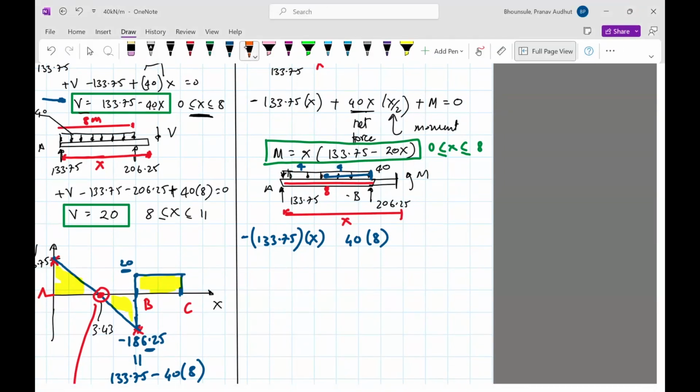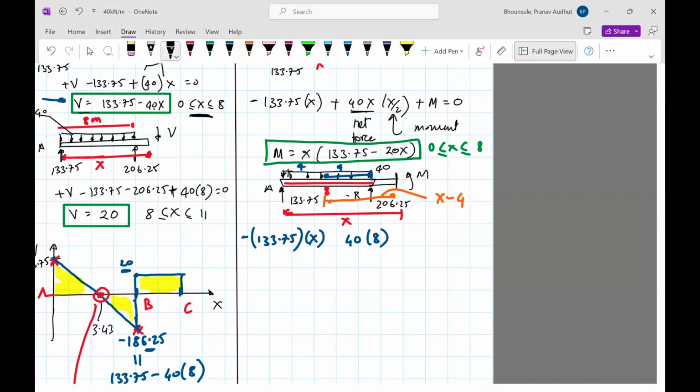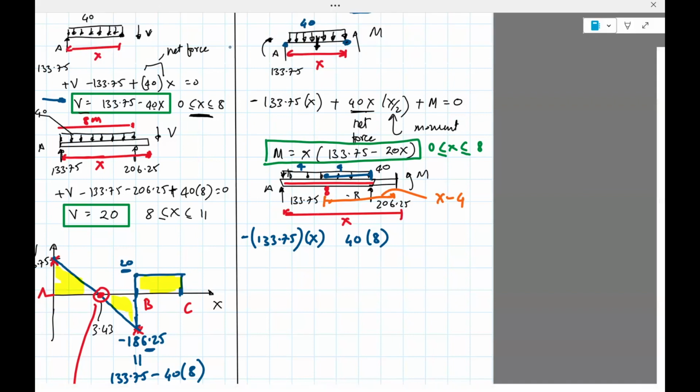In other words, this distance is x minus 4. And it's going to produce a counterclockwise moment.